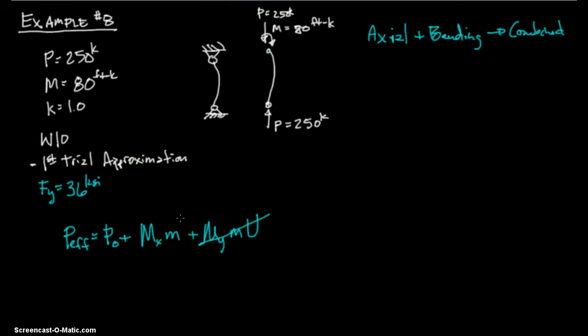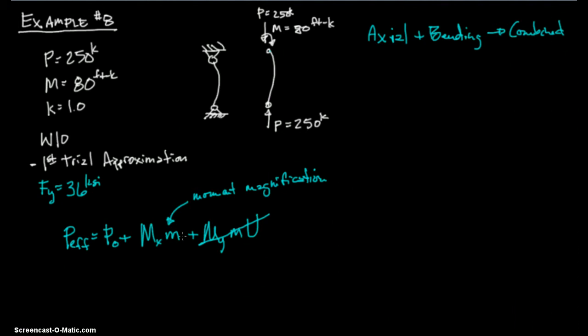So in this situation, we don't have any moment in the y direction, so we're going to go ahead and cross that out. This is what I would call a moment magnification. The whole reason you're using this M factor is because you're magnifying that moment because you have the buckling issue. That's what this is accounting for.